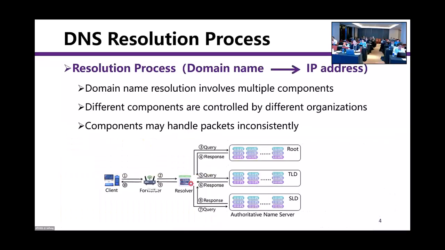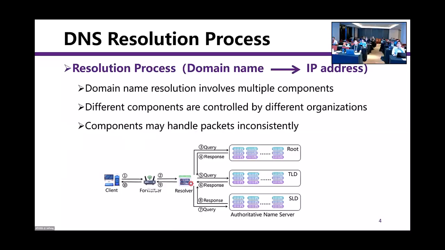Domain name resolution involves multiple components, including clients, forwarders, recursive resolvers, and authoritative name servers. Authoritative name servers consist of root name servers, TLD name servers, and SLD name servers.